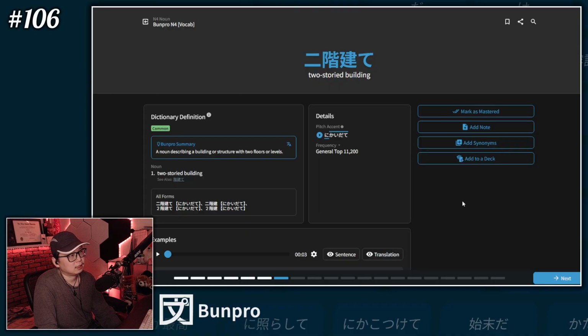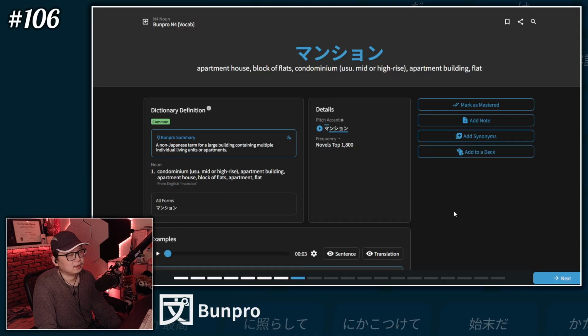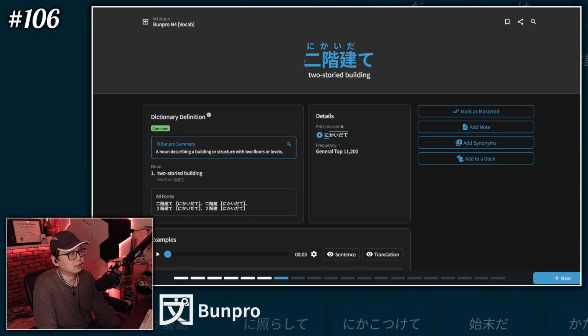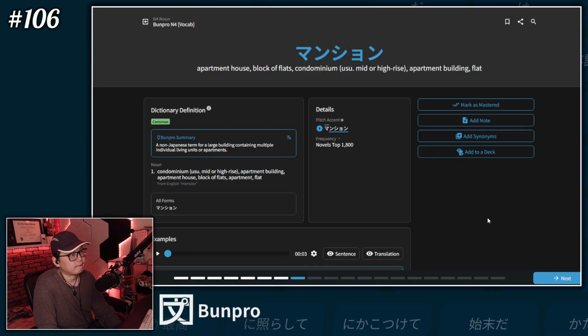Nikai date. Because of probably rendaku. 2階建て. And then you can obviously change the number of the stories, showing you a compound phrase.